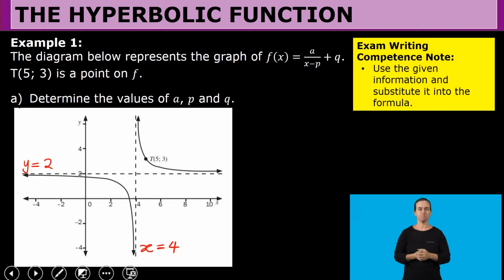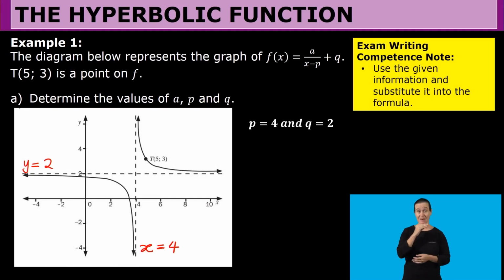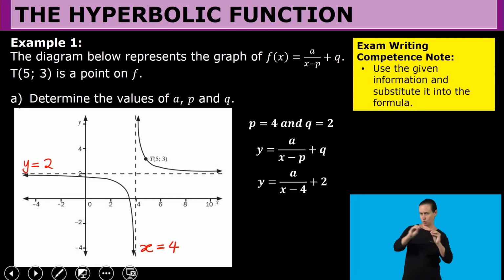So seeing that the asymptotes that are given are 4 and 2, we then know that our p is equal to 4 and our q is equal to 2. Then when we use the equation that we have been given to substitute these values, there we have it. We've substituted our value of p and our value of q.